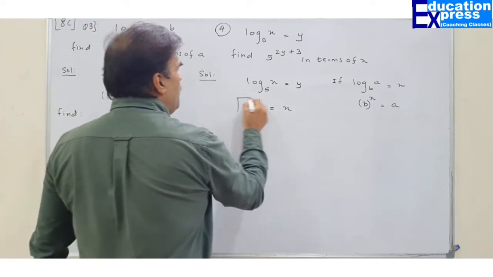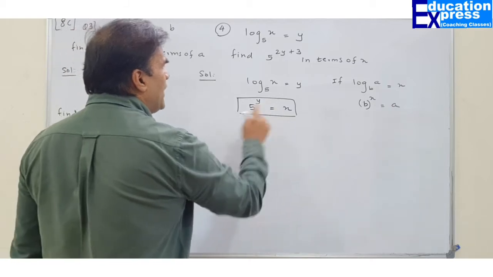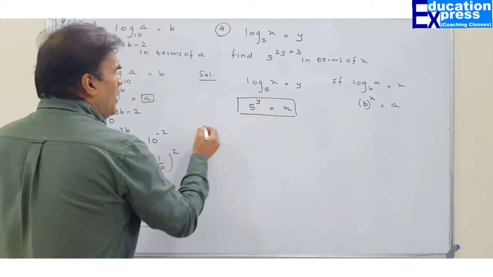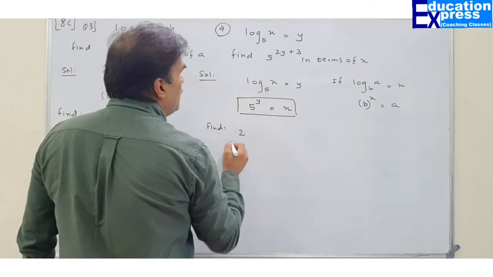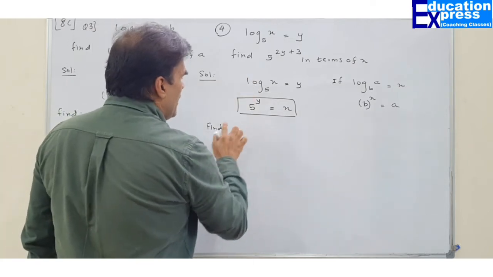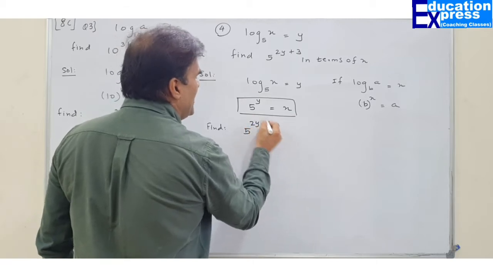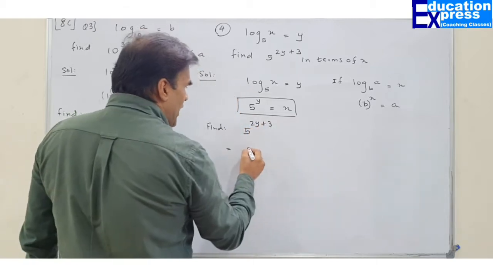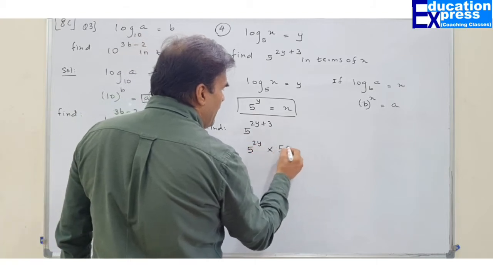So by now we know the relationship between x and y, that 5 raised to y can be written as x. What we have to find? Sir, we have to find the value of 5 raised to 2y plus 3. Fantastic. So can we say 5 raised to 2y multiplied by 5 raised to 3?